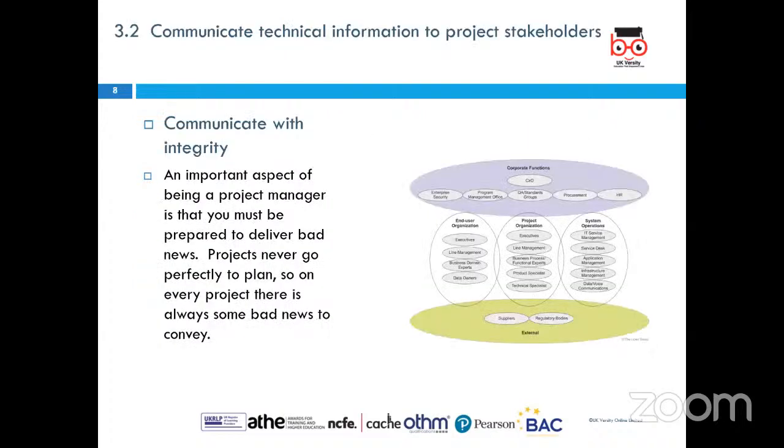Also, now we're going to look into technical information methods to communicate our project with our stakeholders. As you can see, it's really important to have integrity, not just data integrity, but also in communication.